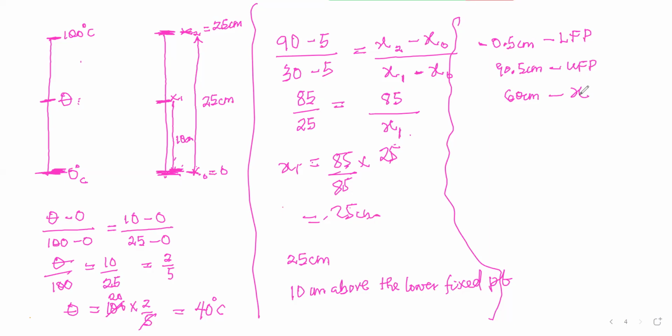If the length of the mercury thread is 60 centimeter, find the temperature recorded by the thermometer, one in degrees Celsius and two in Kelvin.